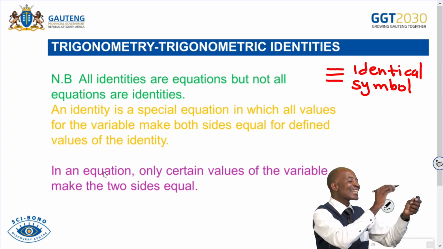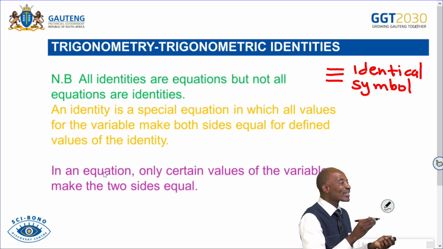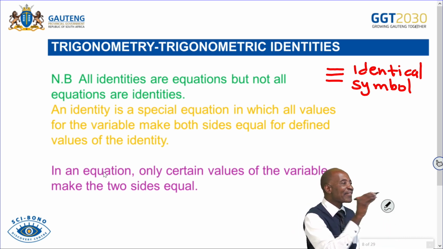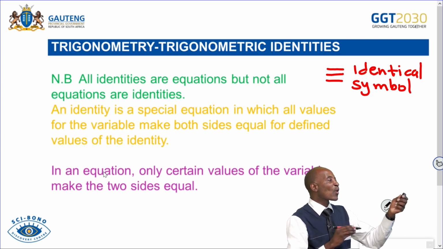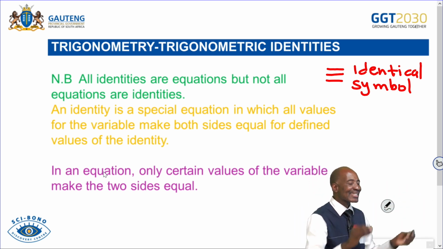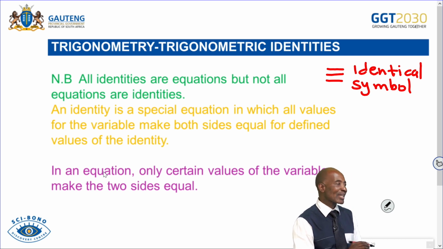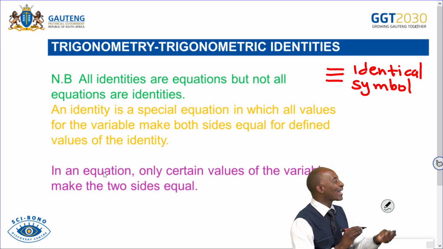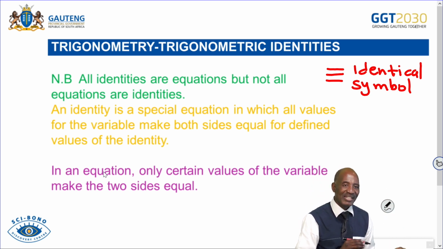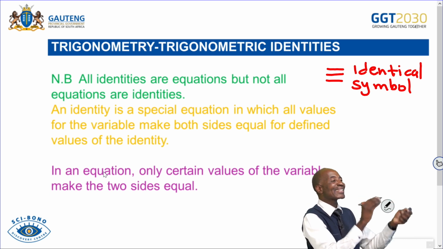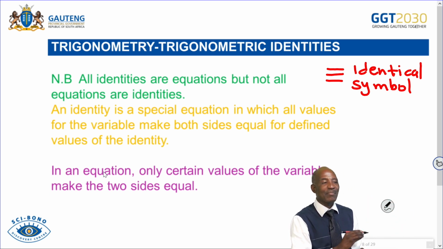So whatever statement you are given, if you are told that this is an identity, then it implies whatever value you substitute, you will always get the same answer as the left-hand side or right-hand side, depending on which side you substituted first. So an identity is a special equation in mathematics in which all values make the statement true. It means it is an identity.